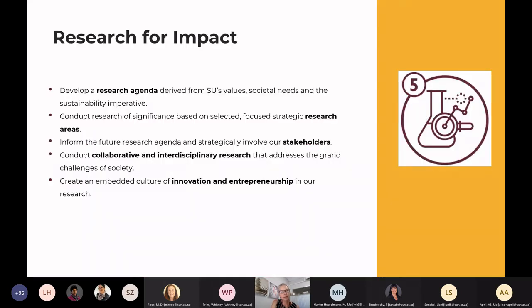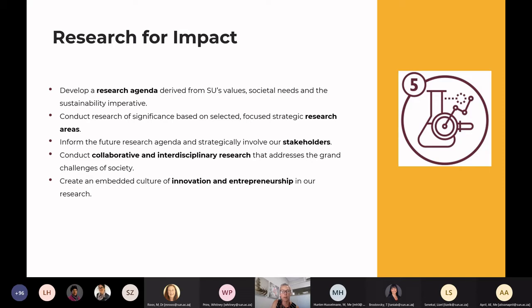So under the strategic goal, research for impact, we say that we want to develop a research agenda derived from SU's values, from societal needs and the sustainability imperative. We want to conduct research of significance based on selected, focused strategic research areas, and I'll say a bit more about that now. We want to inform the future research agenda, so not only follow the stream, but also set the agenda in a way, in some areas of particular expertise that we have at the university. And of course, we have to strategically involve our stakeholders.